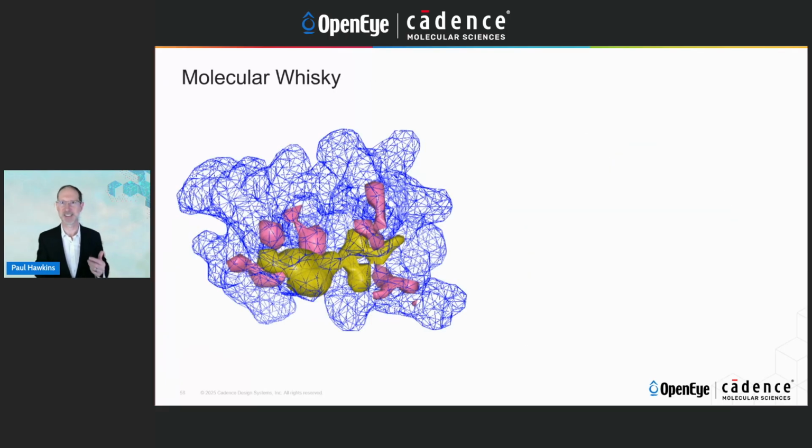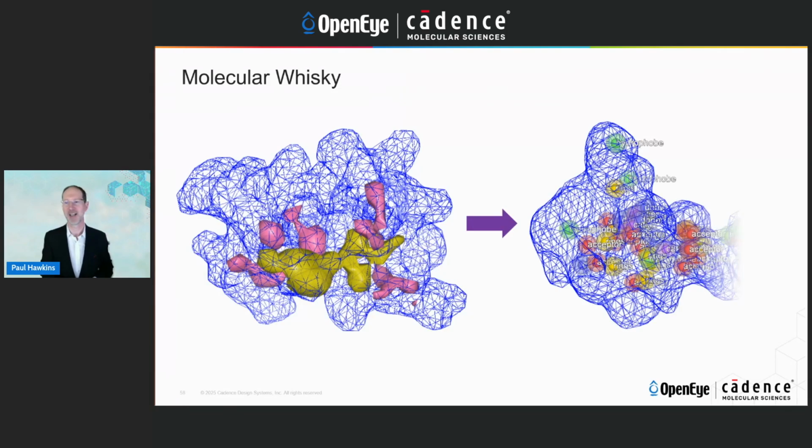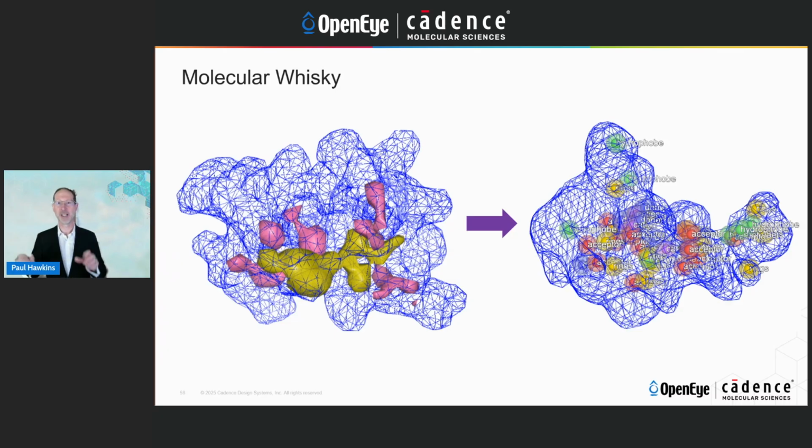But we can take it a step further still, and we can essentially boil down, distill all that information into this. This is a set of color features embedded in a shape, which I said 25 minutes ago, that's our core representation of a molecule. This is a representation that can't be matched by any set of atoms joined together by bonds.